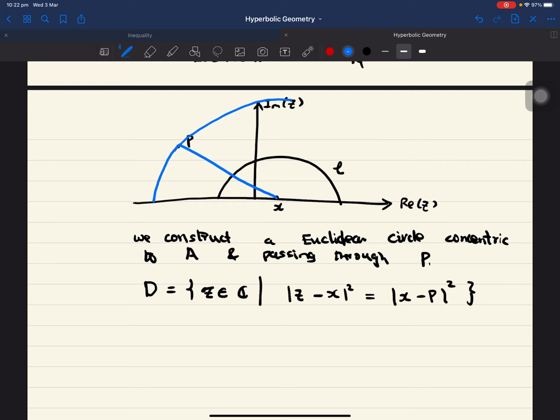We can construct such a Euclidean circle.